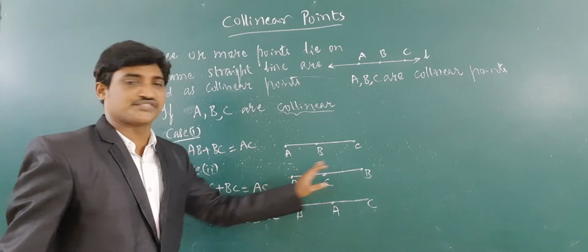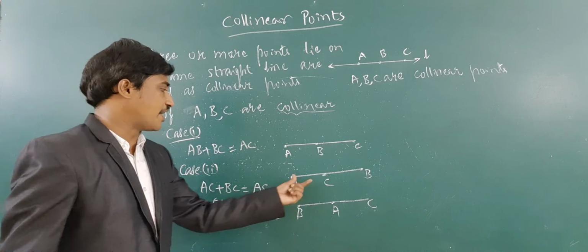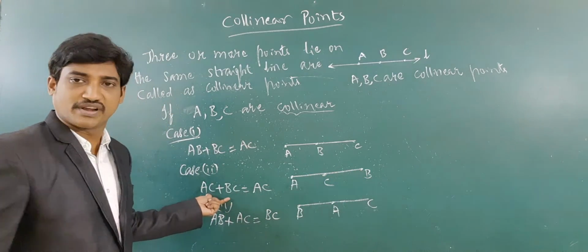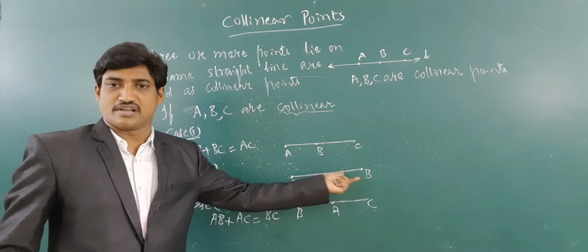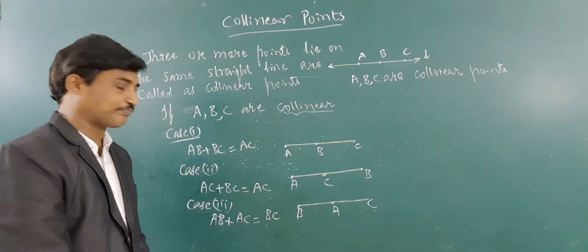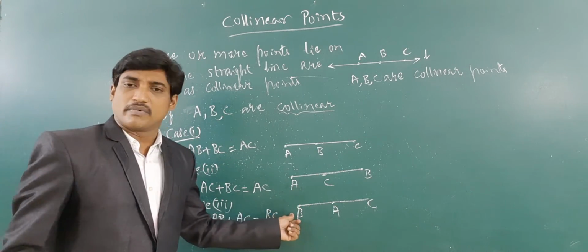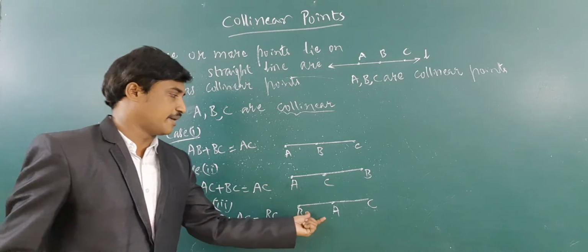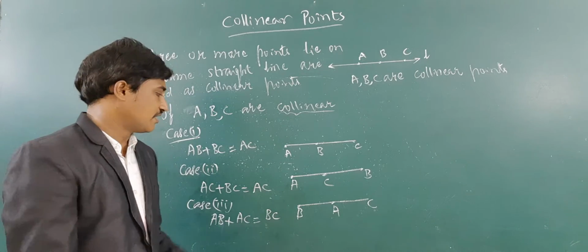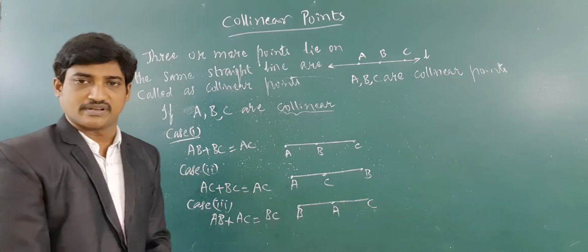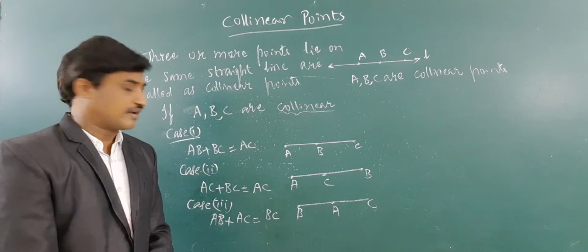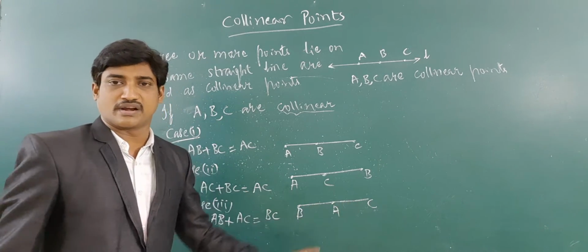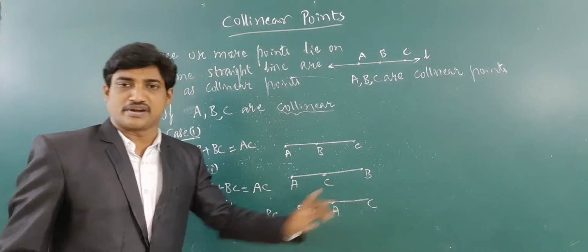If AB is larger and if AC plus BC is equal to AB, in that case we can say A, C, B are collinear. If BC is larger and if BA plus AC gives the length of BC, then we can say B, A, C are collinear and A lies between B and C.